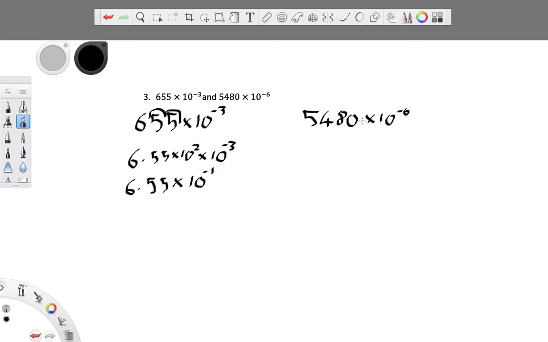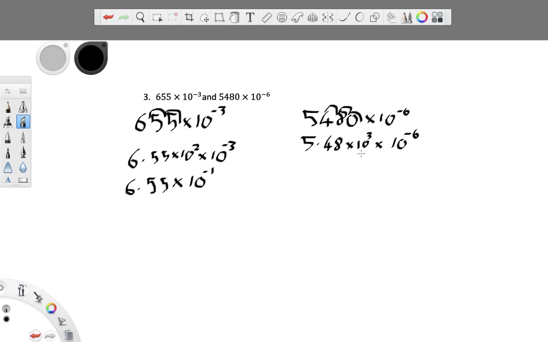So putting this into standard form, we move the decimal point 1, 2, 3 times to the left, so we get 5.48 times 10 to the 3. And we didn't do anything with the times 10 to the minus 6, so that will just drop down. So times 10 to the minus 6.